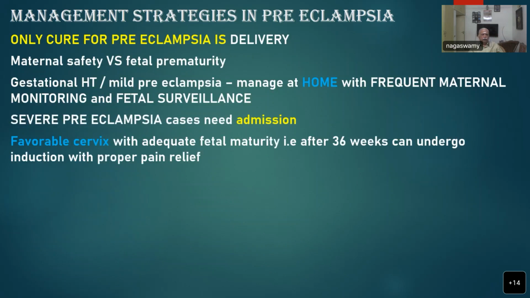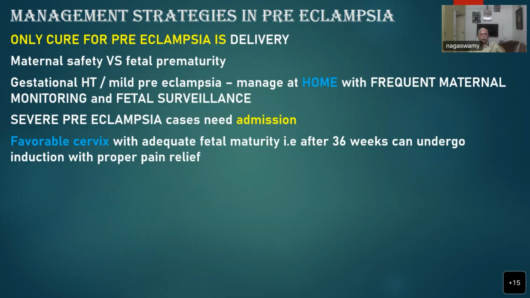Favorable cervix. This is what the physician will tell you. Favorable cervix with adequate fetal maturity after 36 weeks can undergo induction with proper pain relief. So if the cervix is showing signs of dilatation, that is what is called the favorable cervix. And if the baby is more than 36 weeks, which means the maturity is complete, even if it is born, it will not suffer from lack of surfactant and respiratory distress syndrome.